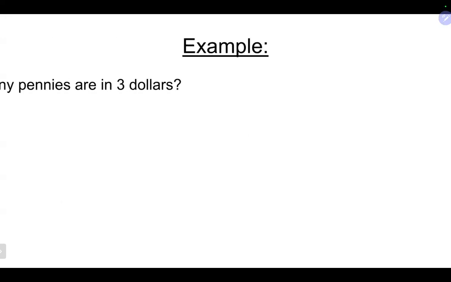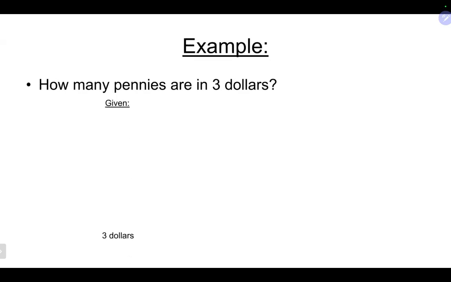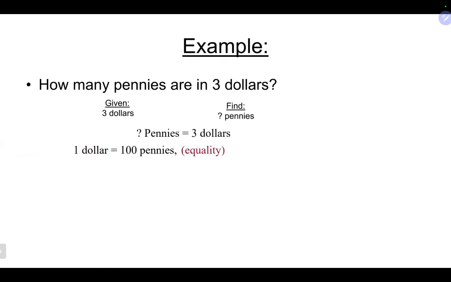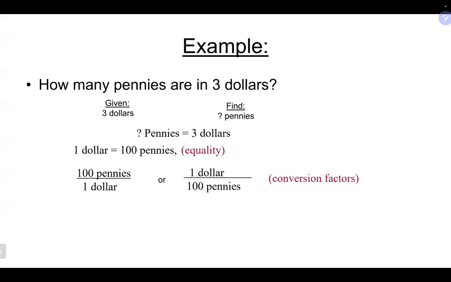So let's take a look at one here. Obviously, in this case, this would be a very simple example. How many pennies are in $3? That would be our equality, which would be $1 is 100 pennies. Those would obviously be the two conversion factors that we could get from it. We would start with our given, which was $3.